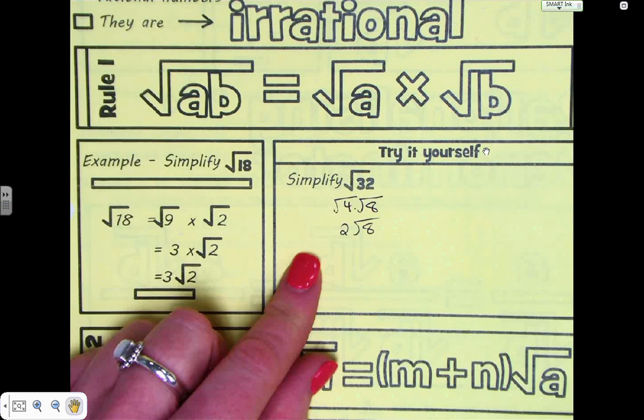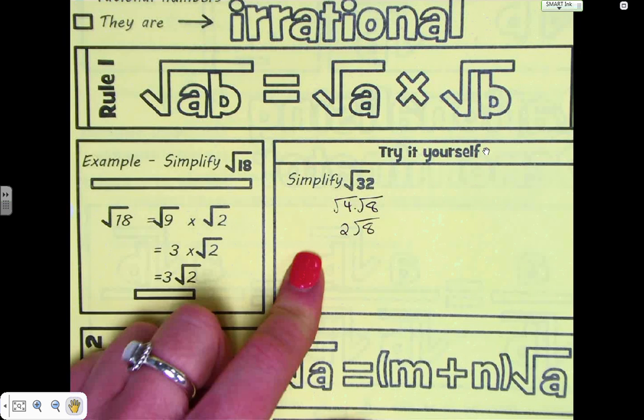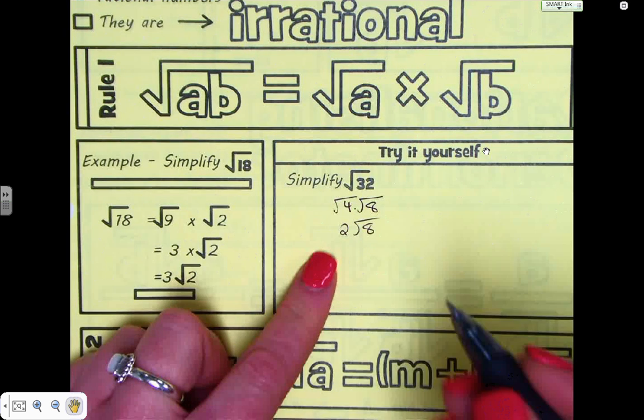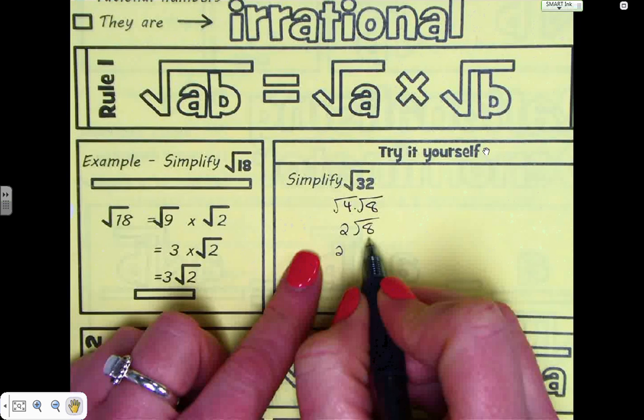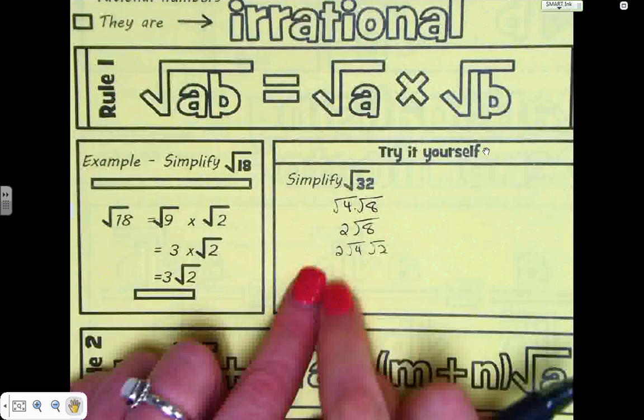Now, if I look at 8, Luke, is 8 a surd? Is it simplified as far as it can go? Does it have a perfect square in it? It doesn't? What? 4's in it, right? Okay, so honestly, 8 can be broken down again into radical 4 times radical 2. Now, I can't throw this first 2 away.